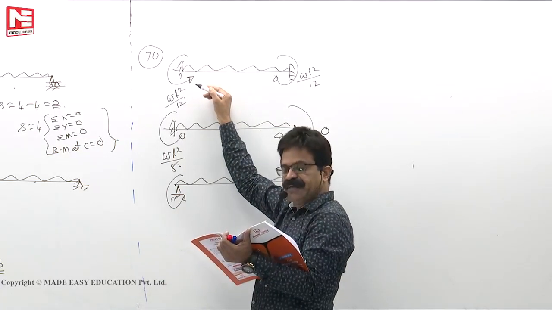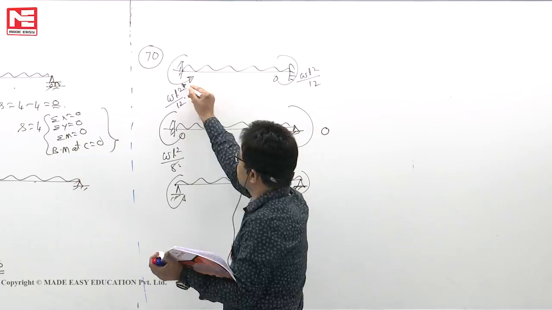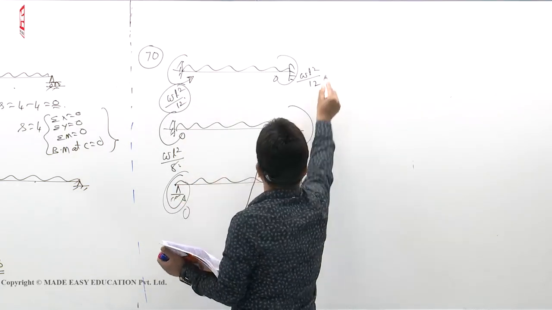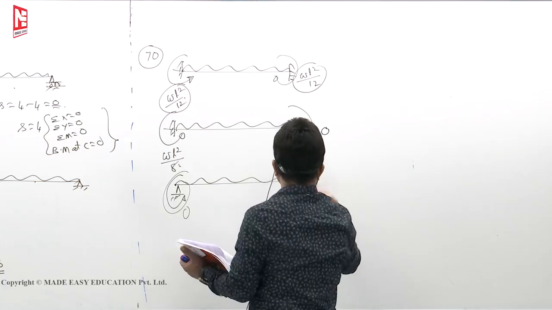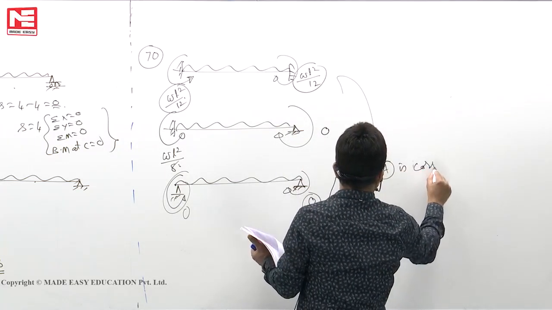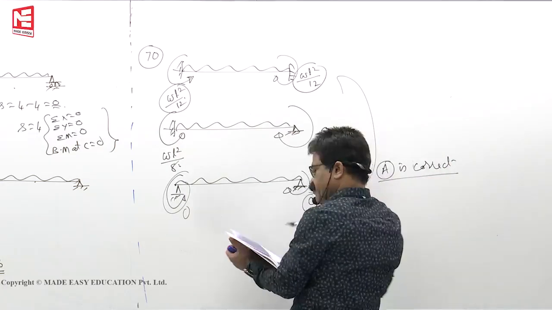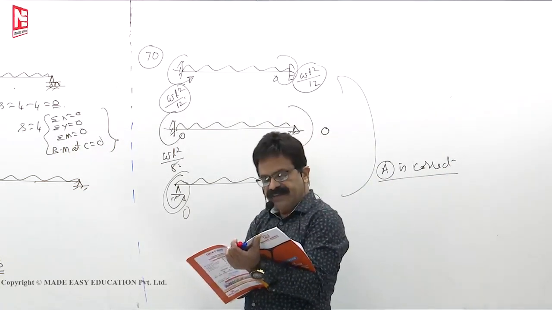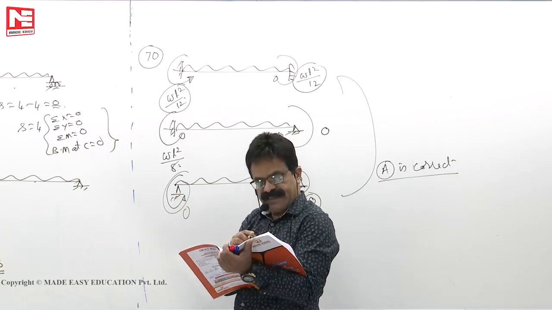Maximum hogging moments at the ends will decrease. See, from WL square by 12 it became 0. So assertion A is correct. What is the reason? The degree of fixity at support is lessened.